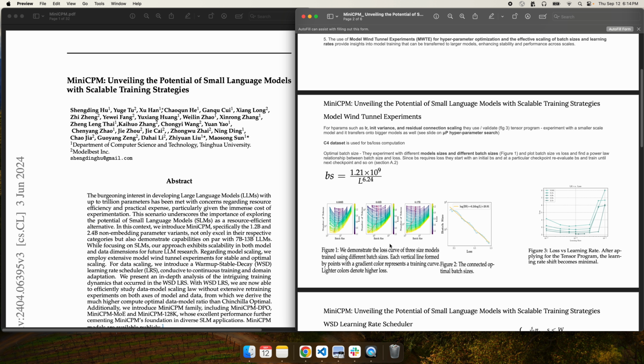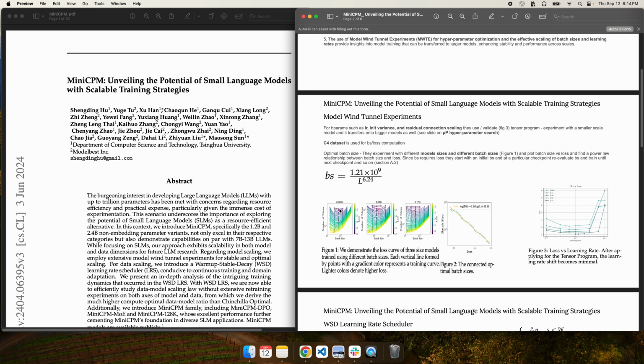The next thing they do is to compute the optimal batch size, and they use the C4 dataset for the batch size and loss computation. They experiment with different model sizes as shown here, and different batch sizes and different numbers of tokens. For a particular batch size and different tokens, you can see one vertical line here. This would be one training run, and then they connect all those points which have similar loss, and they get these parabolic curves.